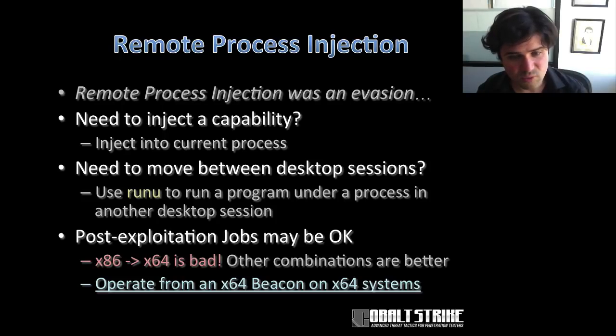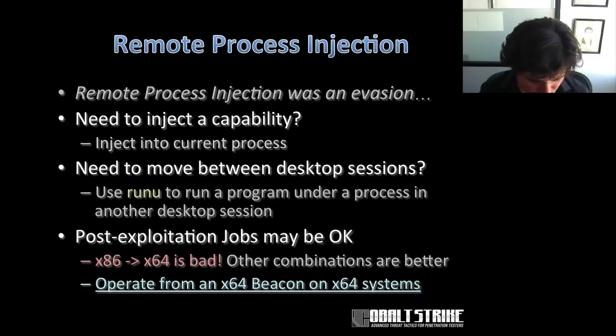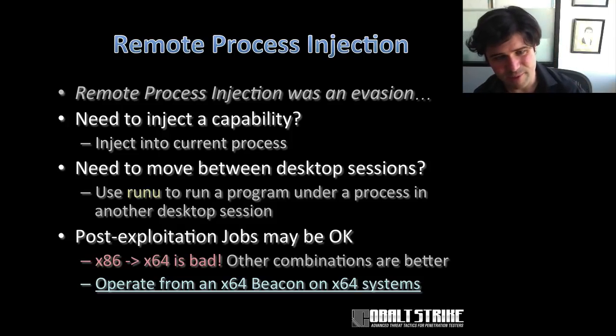And so with some tools, that might actually escape scrutiny. Cool story, right? But it's only going to apply in situations where Beacon, for its temporary jobs, is hijacking an existing thread. And remember, if you're in a 32-bit Beacon on a 64-bit system, that's not always going to happen.